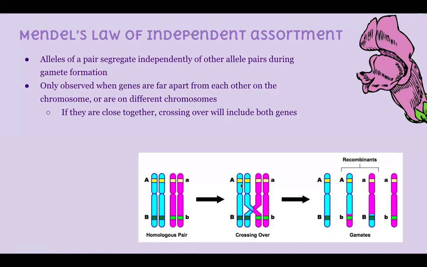Opposed to genes that are far apart, it is a lot less likely that they would be kind of linked together. Okay, so we can usually assume that two genes will not be inherited together. They will be completely random of each other. But there are cases where they are linked, and we'll talk about that. So let's assume that the genes are far enough apart that they will not be carried over together during crossing over.